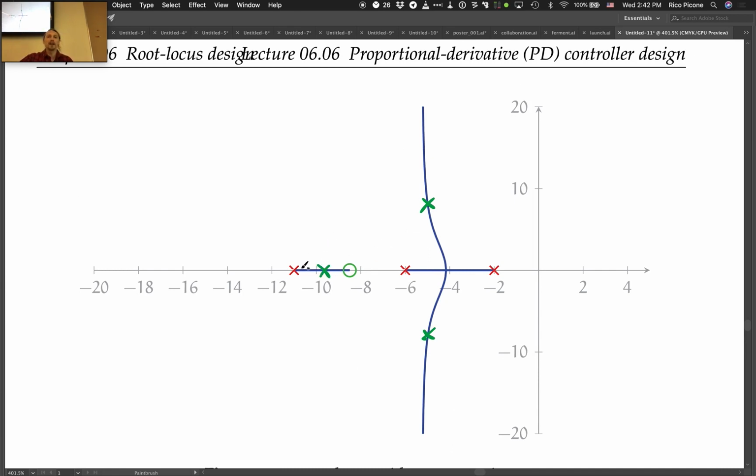It could be here, it could be here, somewhere along this branch, right? But it's just going to be somewhere. And our factor of 5 rule of thumb for using the second order approximation is definitely violated here. So we don't know how accurate we're going to be because the psi would depend on the second order approximation.